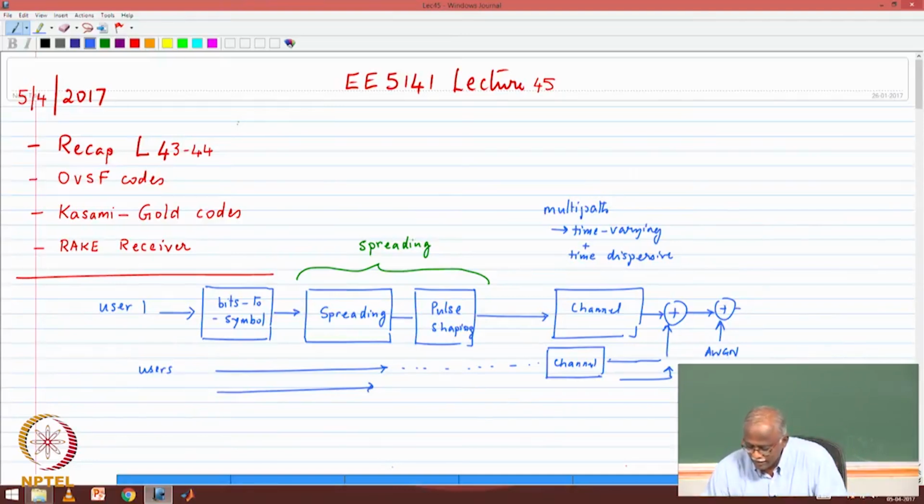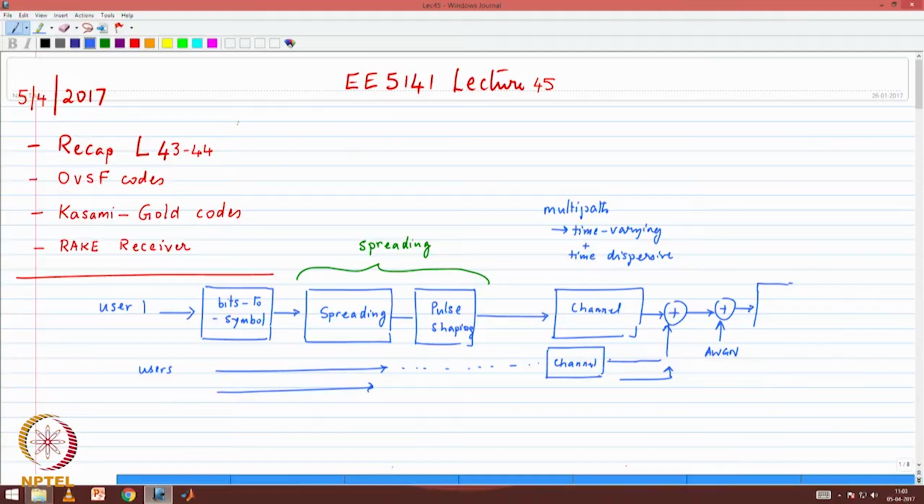Now at the other end, the first step will be the matched filter. This would be a chip level matched filter, because that is how we want to be able to separate. After the chip level matched filter, you can do the despreading operation. But because we have also encountered other impairments such as time varying dispersion, in addition to despreading we would probably do some form of processing.